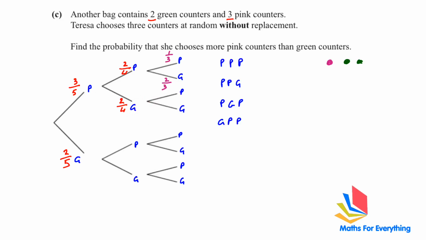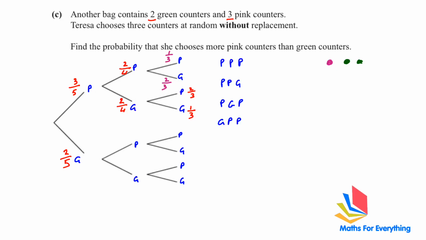Okay, so now we have a pink, green, and we are going to pick up a pink. So how many pink will you be having? We had 3 pink, we picked up 1 and we did not put it back. So now we are going to have 2 pinks, but total 3 counters, and green will be 1 green, total 3 counters.